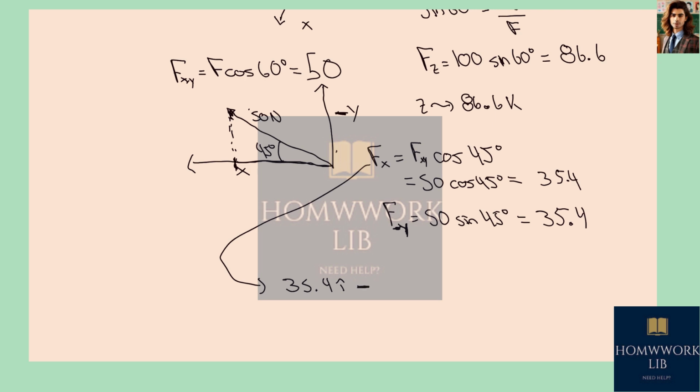So this is going to be minus 35.4 in the j direction. And finally, we simply are going to add the z component, that is 86.6 in the k direction. And that would be all. This would be equal to the vector F that we were provided at the beginning.